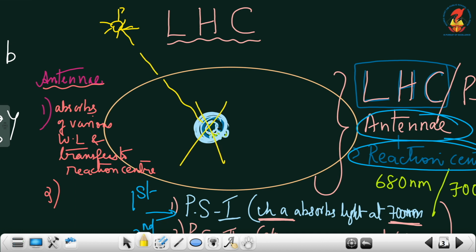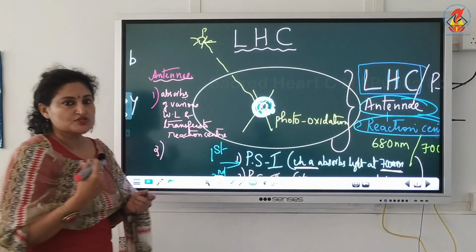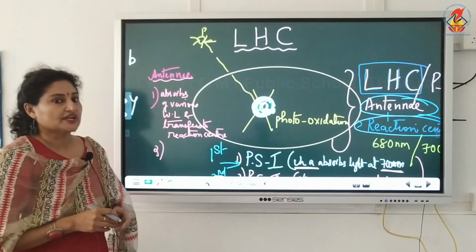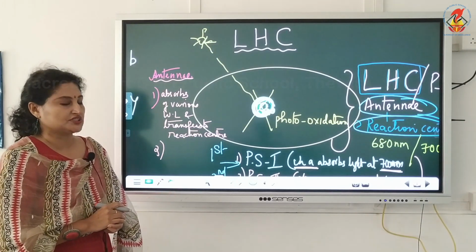this chlorophyll A would get destroyed, and that process of destruction of the chlorophyll by the sun's light is known as photooxidation. If the pigment molecules were not surrounding chlorophyll A, what would have happened to chlorophyll A, the reaction center? It would have been destroyed by photooxidation.